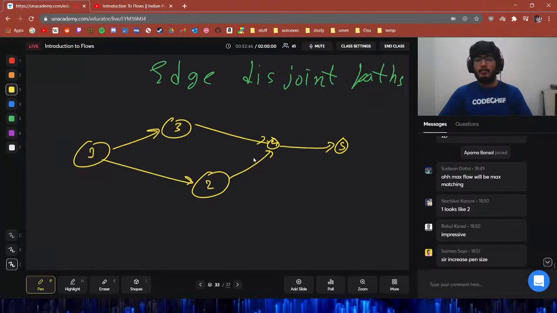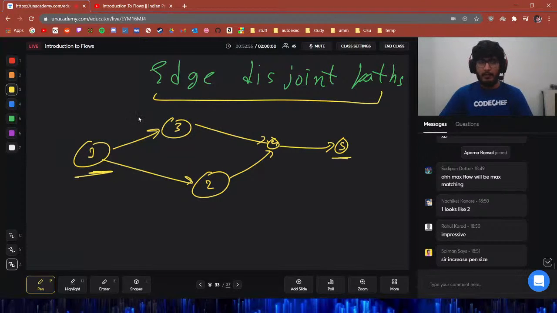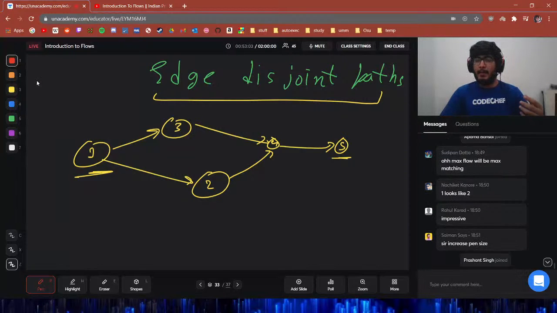Here we want to know the maximum number of paths we can create from 1 to 5, but the edges should be disjoint, right? Basically, we should not select one edge in multiple paths.